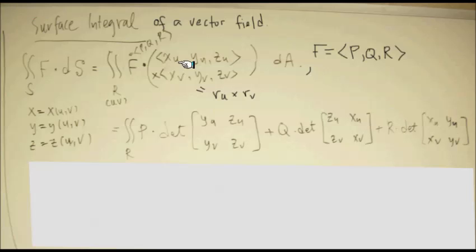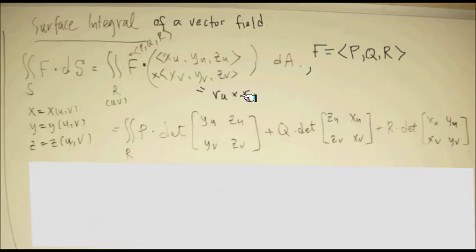So the first component of this cross product is going to be multiplied with the first component of F, which is P. The first component of this cross product is the determinant of this 2 by 2 matrix, where y and z are there, so you get that. The Q part is the second component. This is this one.